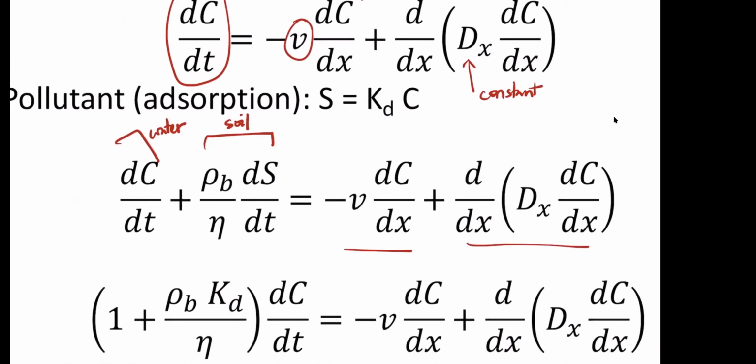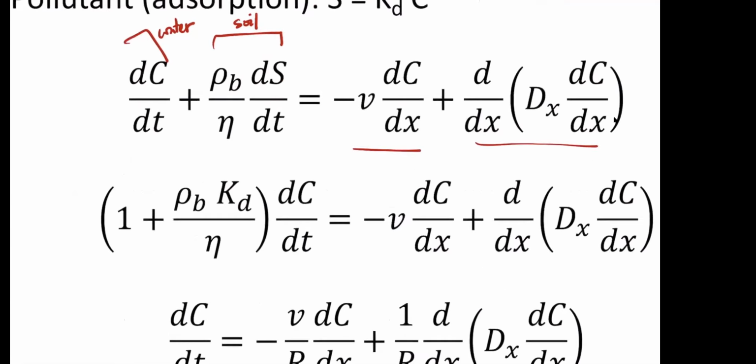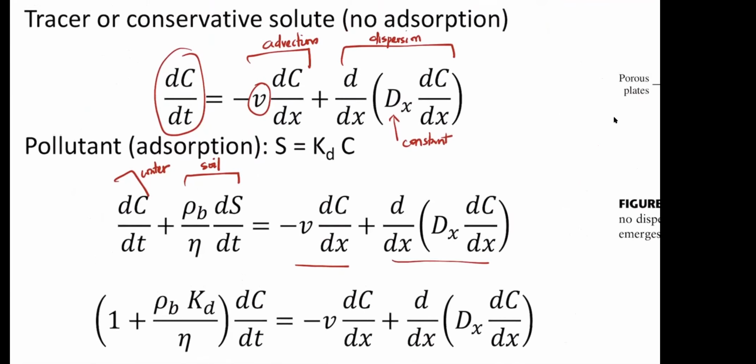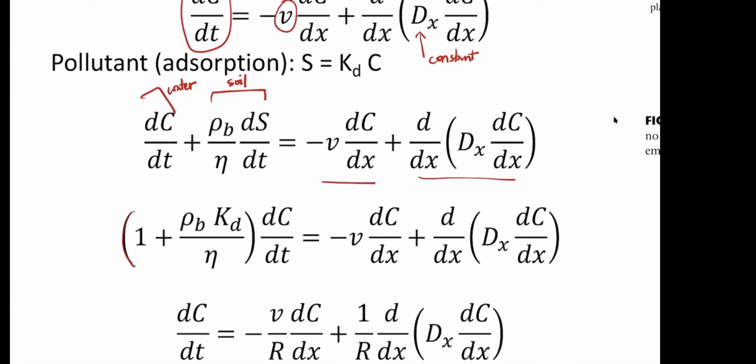If you are accounting for how much pollutant changes in a small area in a groundwater aquifer, you have to account for both soil as well as changes in water, because it will start adsorbing. So if you put everything in that equation, we basically get the same equation as here. The only difference is you have a constant term here.